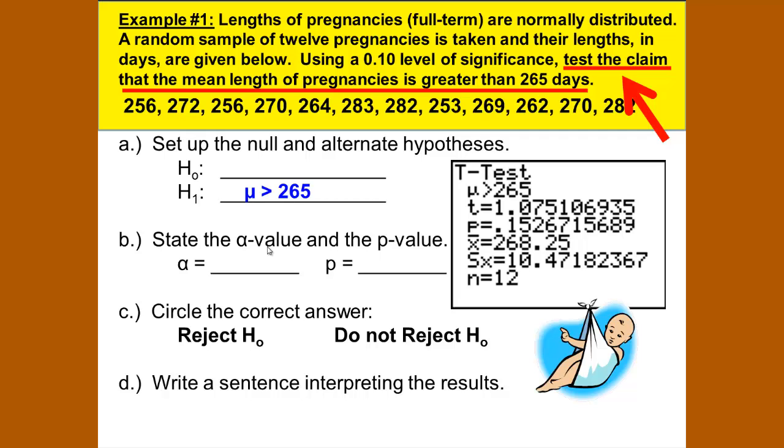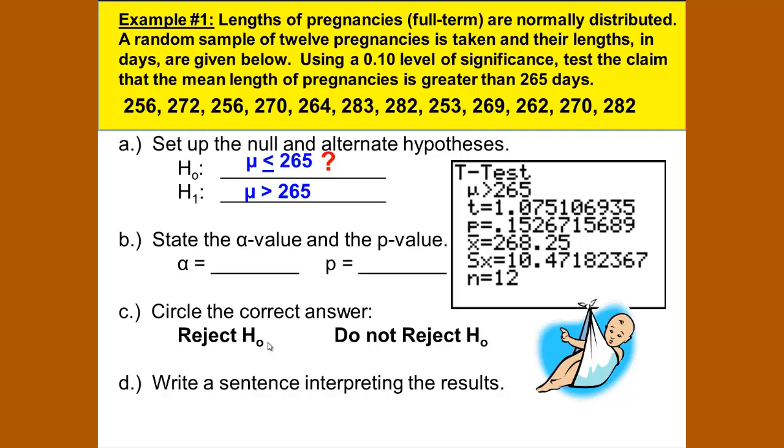Therefore, it goes in the alternate hypothesis H1. The null hypothesis then is the opposite of that and will be less than or equal to 265 days. So we have the null hypothesis as mu less than or equal to 265 and the alternate as mu greater than 265.